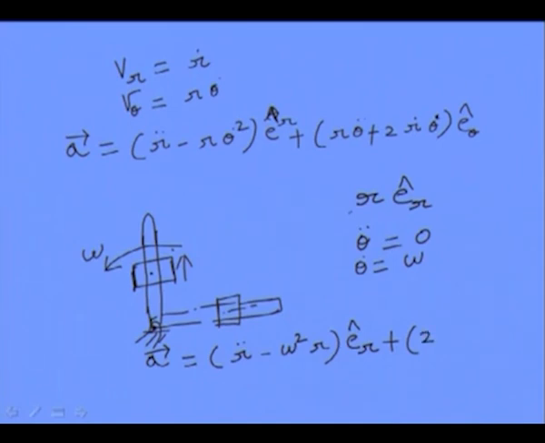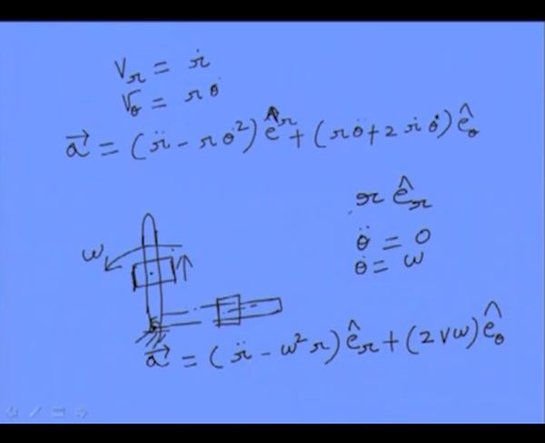And R dot can be written as V, which is the relative velocity of the block on the link. So it is 2V times omega e theta. Are you familiar with these components? We see that acceleration has got these two components. One is along the radial direction and another is along the theta direction.